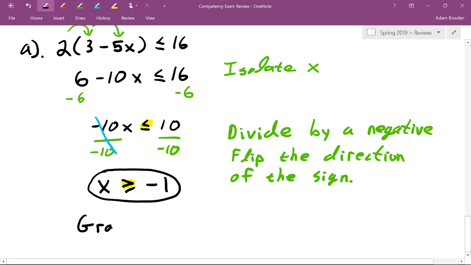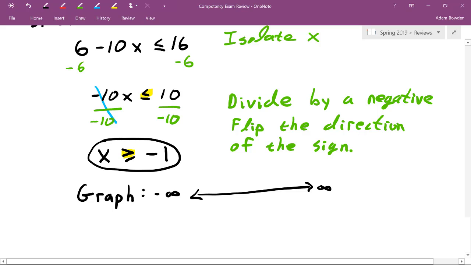What we're going to do with that information is graph it on a number line to indicate what the solution looks like. To do this, we're going to use something called interval notation. In interval notation, if you have a greater than or equal to or less than or equal to, you're going to use brackets around the numbers on the number line. So here I'm going to put a bracket at the location of negative 1.